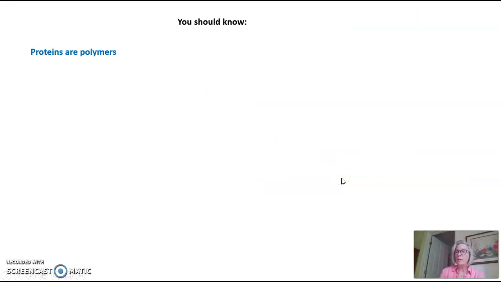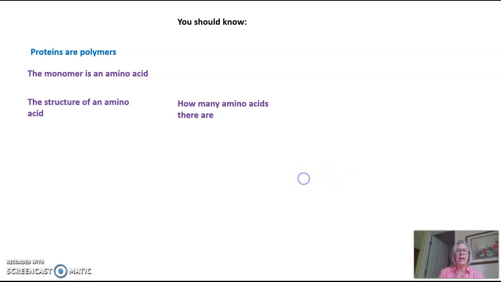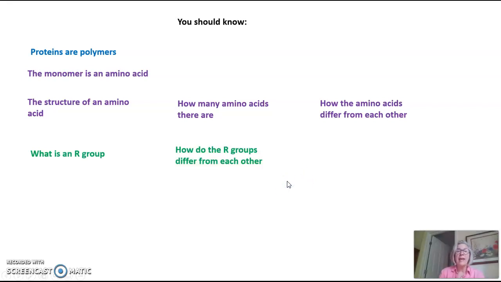So you should know that proteins are polymers and that the monomer is an amino acid. You should know the basic structure of an amino acid, that backbone, that NCC. You should know how many amino acids there are. You should know how the amino acids differ from each other. You should know what is an R group and how the R groups differ from each other.